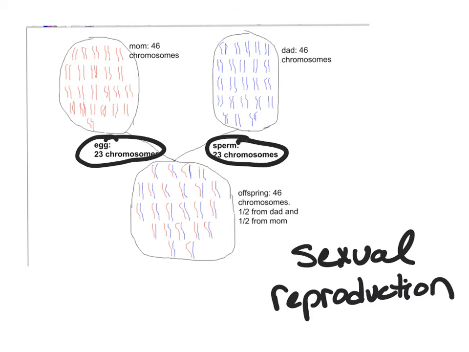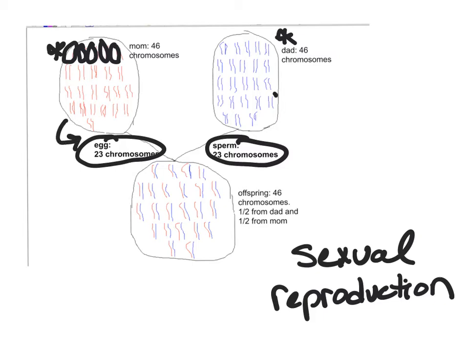If these are the chromosomes that mom has and these are the chromosomes that dad has, mom is going to pass on one chromosome from each pair into her egg cells.